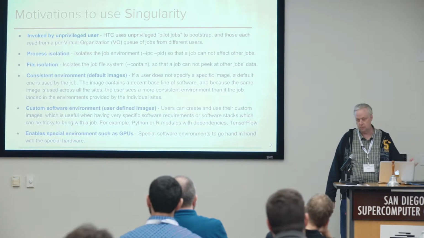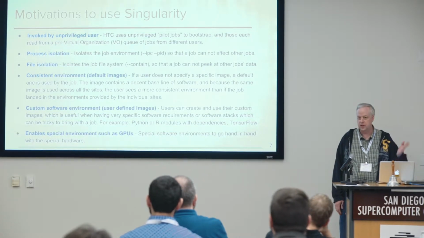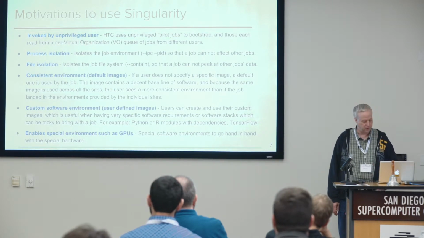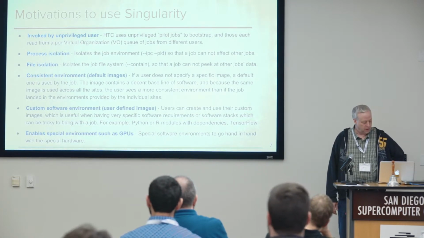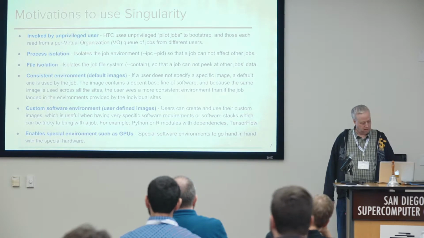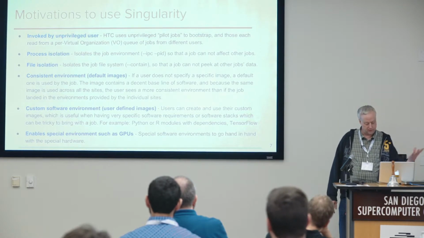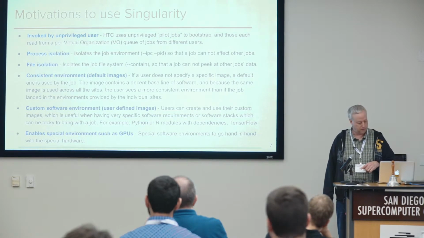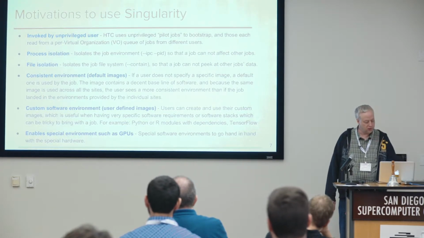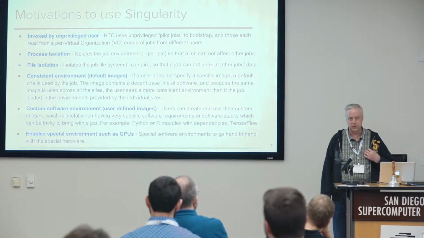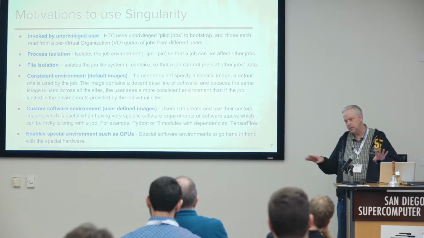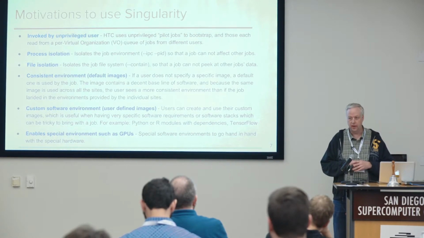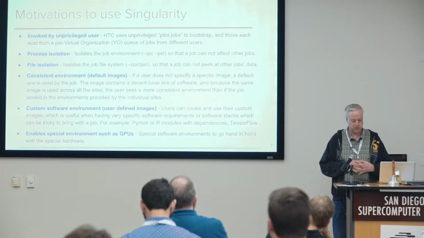We also like that different experiments can have a custom operating system environment with a different container. We do keep most of the application software outside of the containers; I'll talk more about that in future slides. Then there's also enabling special environments such as GPUs. The vast majority of jobs don't use GPUs, but we are starting to get more of that, and some of the resources do have GPUs.